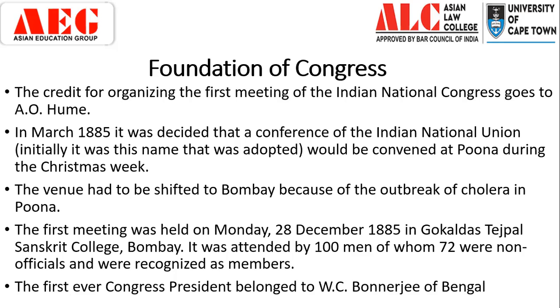This then became the norm that the president is not going to be a person from the particular state. So if I'm from Bengal and the Indian National Congress session is happening in Bengal, then a person from any other place than Bengal is going to be the president of this session.